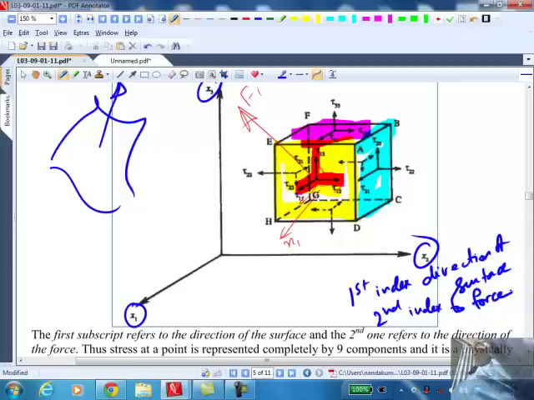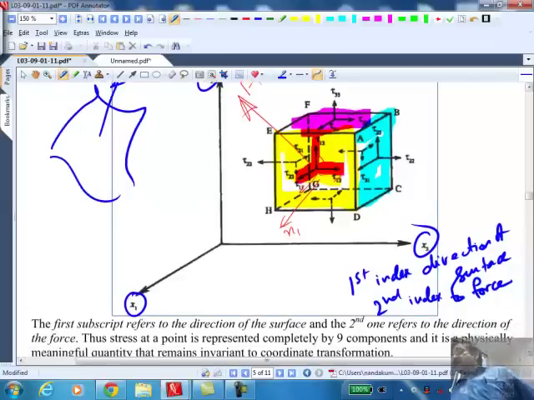Any physically meaningful quantity should remain invariant as we change the coordinates. That's one of the basic principles. Same thing applies to stress, because stress is a physically meaningful quantity. So if I define stress tensor, the 9 components of stress tensor in one coordinate system, and if you are working in a different coordinate system, we should be able to transfer that information from one coordinate system to another. And those transformation rules are exactly the same. For a simple rotation, you use the same cosine of the angle.